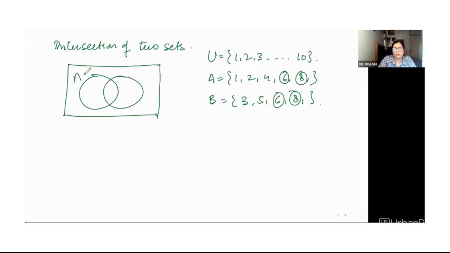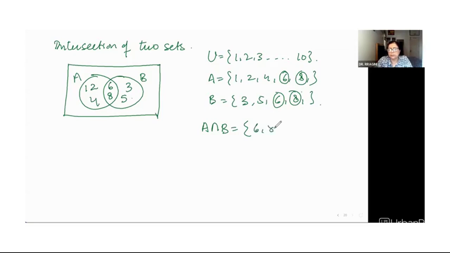Mark the elements of A here so that 6 and 8 come into the region which is common. 6 and 8. This is 1, 2, 4. 6 and 8 are already there. 3 and 5. Right? So what is intersection of two sets? We had learned in the operations. Intersection of A and B is the region or the set of elements which are common to both the sets.